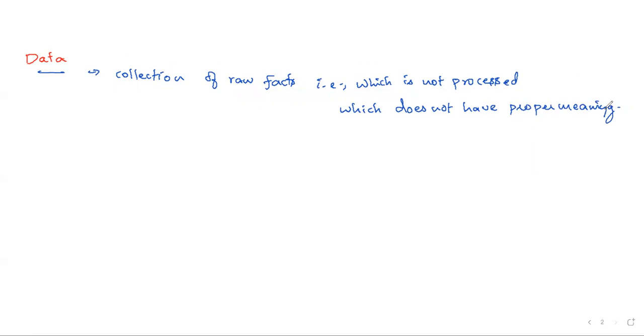And next we have information. What is information? Processed data is called information.